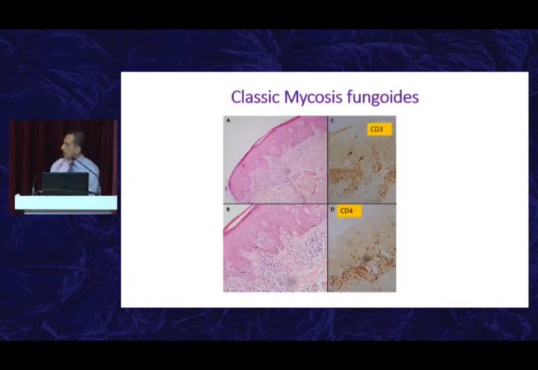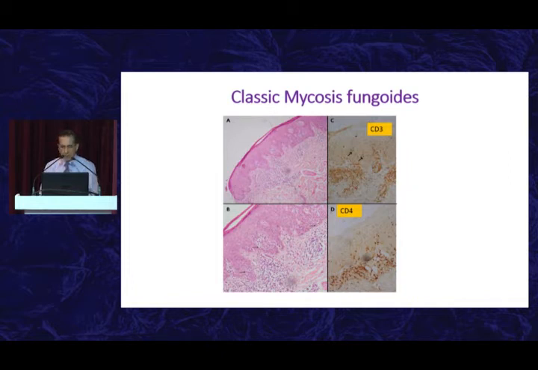So, just two examples. You can see the infiltrate there at the dermoepidermal junction. You can see these cells are CD3 positive, okay, but very few of them, and most of them are CD4 positive as well, okay. So that is the classic mycosis fungoides.